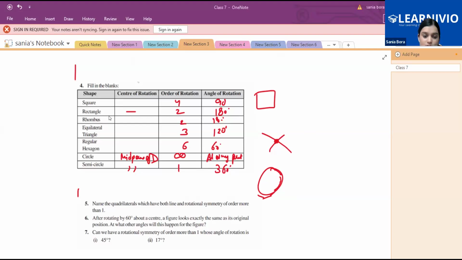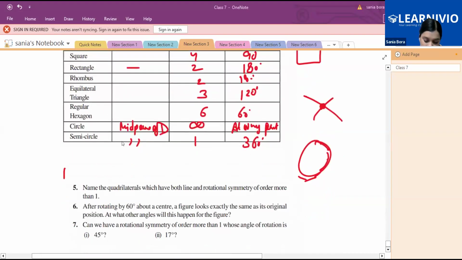Ma'am, I have a question for the fifth question. What does line symmetry mean? Line symmetry is that one which is like diagonal, which we did yesterday, right? Or is it different? Yeah, same.